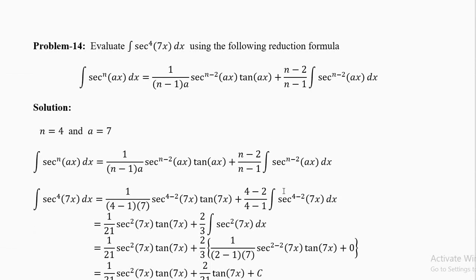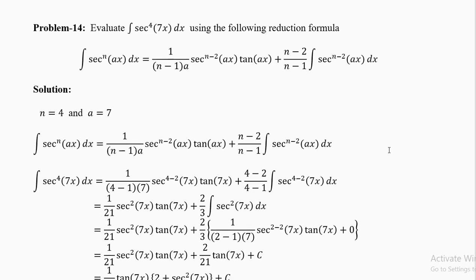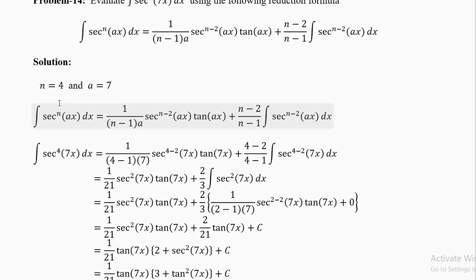Now the last question in this topic is integration of secant power 4 7x dx using the following reduction formula. If the reduction formula is given, you are jumping by power 2, n is going to n minus 2, which is good. Your integration will be faster. So n equal to 4, a equal to 7. Your first term is 1 over n minus 1a secant power n minus 2 tangent.